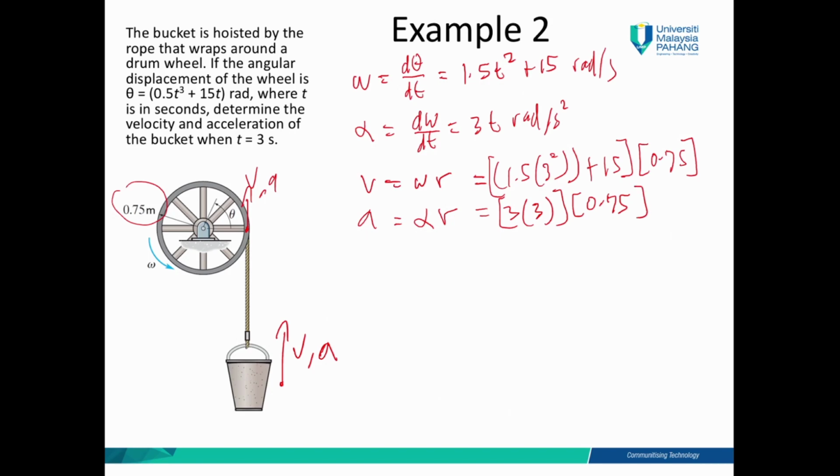So you should get v is equal to 21.4 meter per second, and acceleration will be equal to 6.75 meter per second.